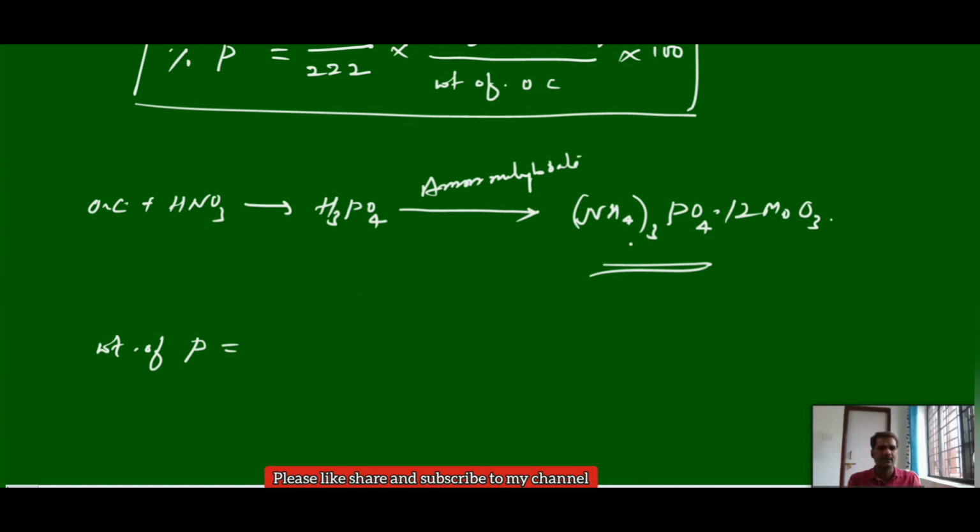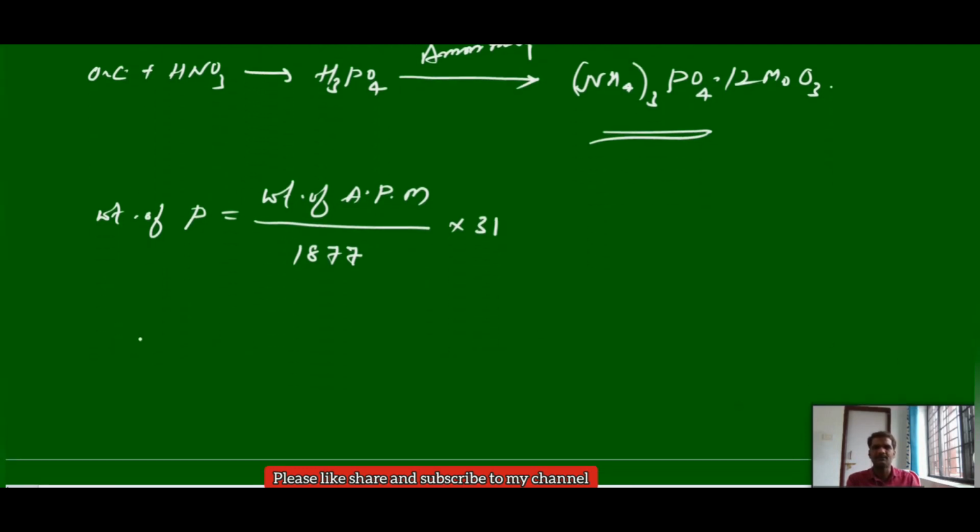First you have to identify the number of moles of the compound, that means weight of ammonium phosphomolybdate by molar mass. Ammonium phosphomolybdate molar mass is 1877 into, we know that each compound has only 1 mole of phosphorus, so that means 31. This is the weight of phosphorus.